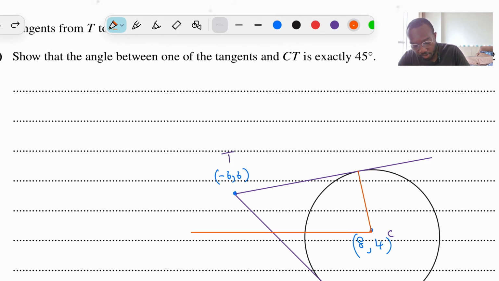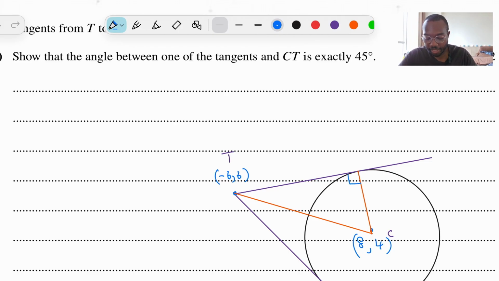And if I go all the way back like this, here and here, what we know is this here is a right angle, because when the tangent meets the radius like that, it causes a right angle there.